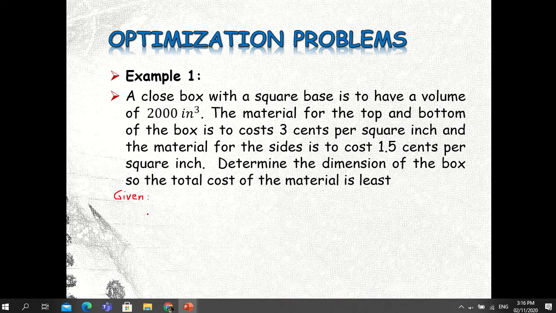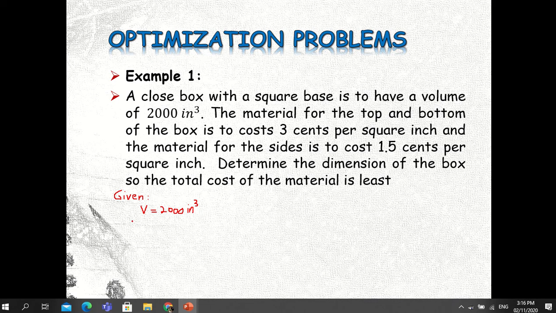Okay, so we're given the volume. So the volume is equal to 2000. So what else are given in the problem? So this is 2000 cubic inches.